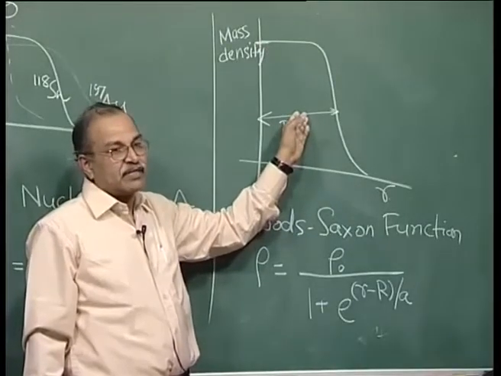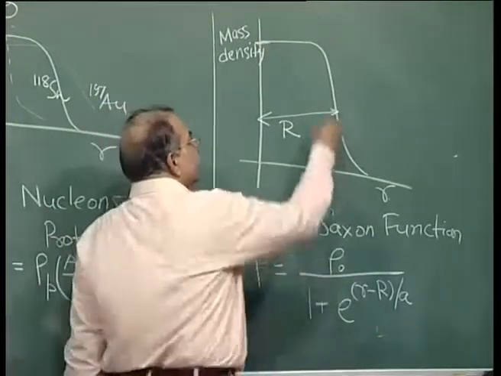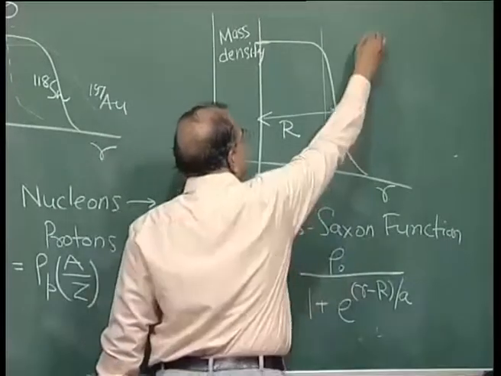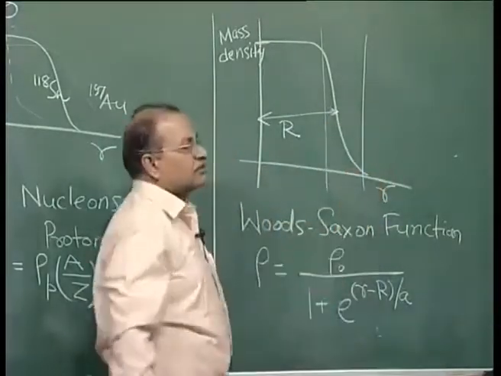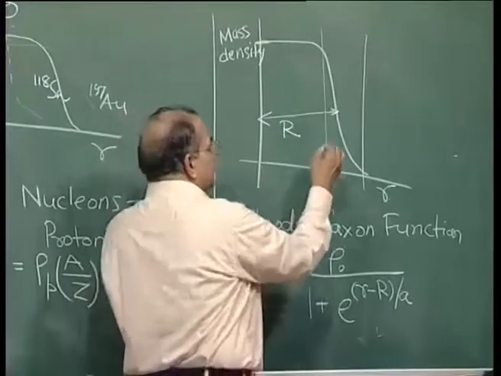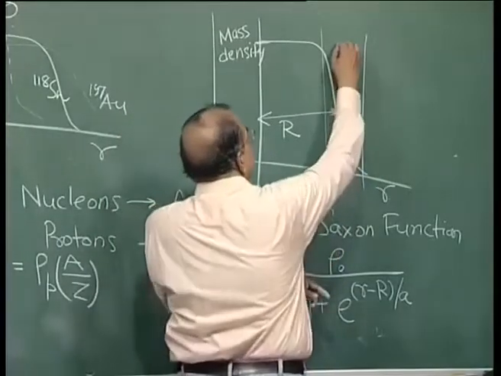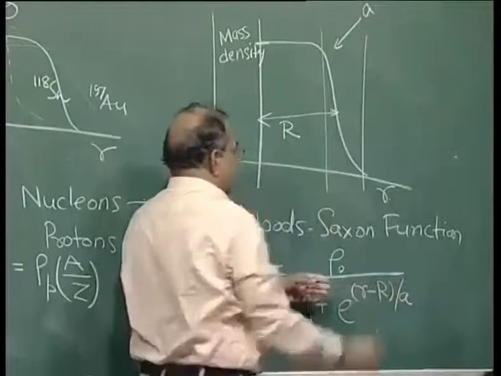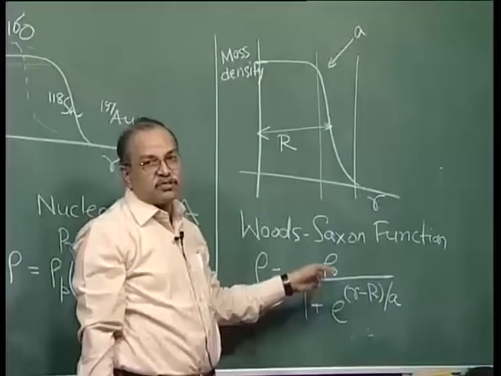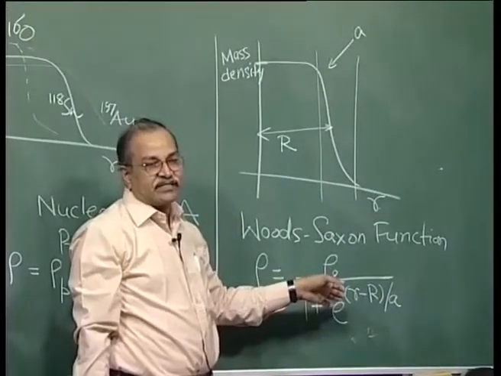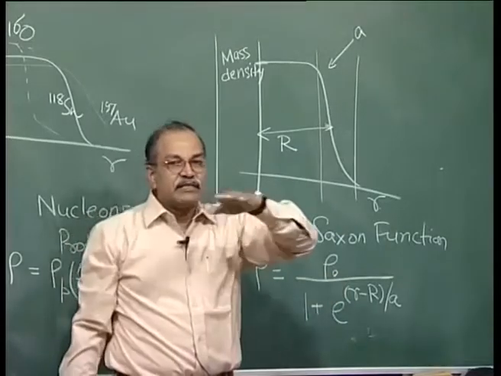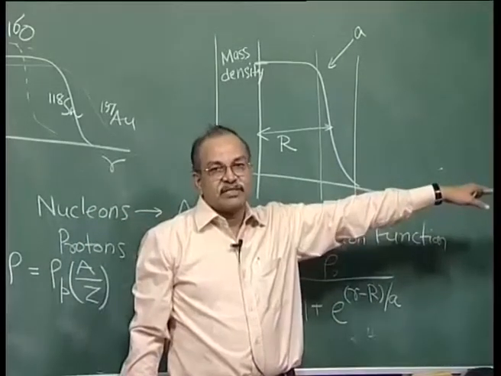And this a is related to how sharply it falls to almost 0. It is a measure of a, not that this distance is a, but this is related to a. If a is small, that means it falls more steeply. If a is large, that means it goes very gradually.